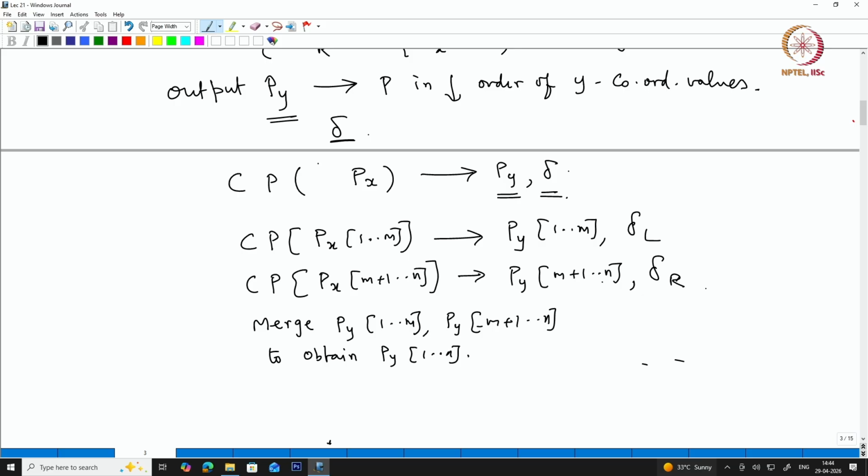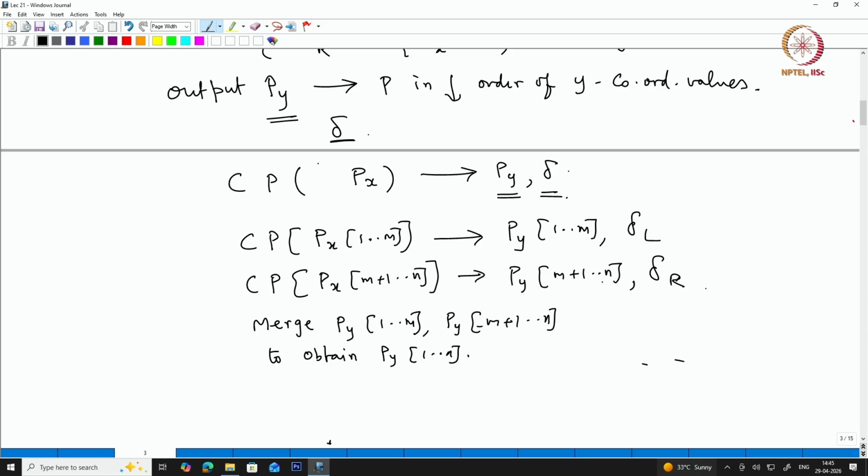So now the set of all points sorted in y order is available in Py. And what you want is the set of all points in the delta band, sorted in descending y order. So how do you get that? It's very simple to get that from Py, right?